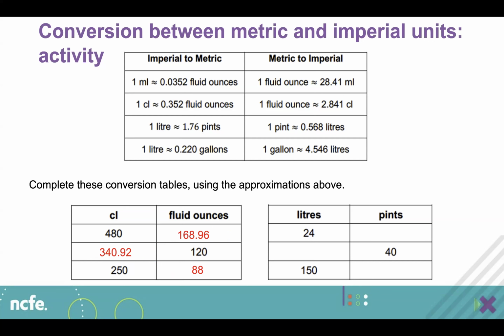24 liters to pints, so all you do is times it by 1.76, so 24 times 1.76, which equals 42.24.